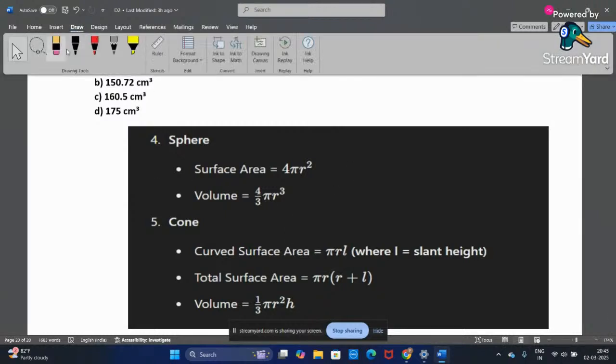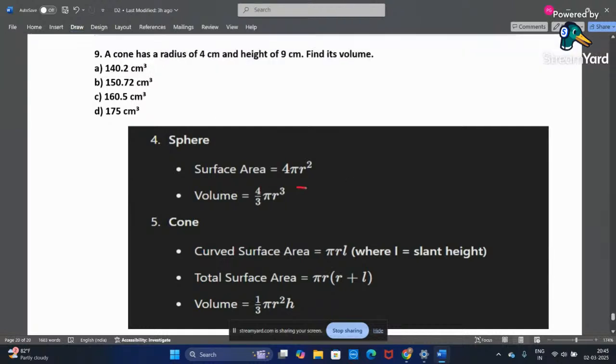Okay, let's substitute the value. This is a formula we are going to use because we need to find the volume. So 4 by 3 we have to write as it is because it's in the formula, and pi value is 22 by 7.